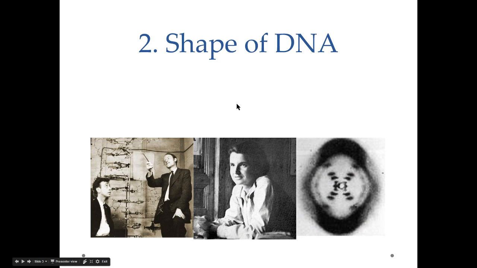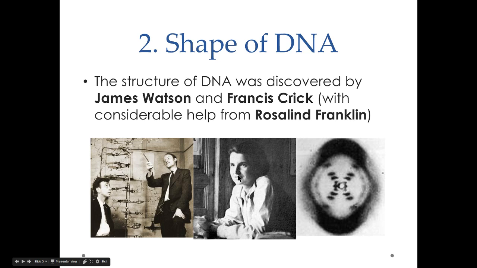So the shape of DNA. The structure of DNA was discovered by James Watson and Francis Crick with considerable help from Rosalind Franklin. It says considerable help because there is some controversy with how much of her work was taken by James Watson and Francis Crick.